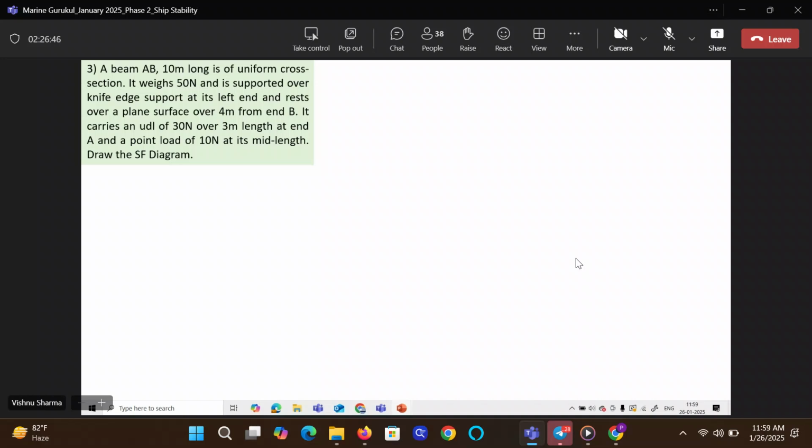Make the diagram for this beam whatever you think appropriate. Once you make it, let me know. I'll make it silently without explaining, and I'll explain the discrepancies if you raise any.